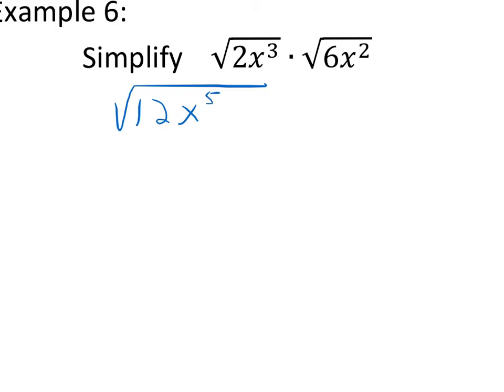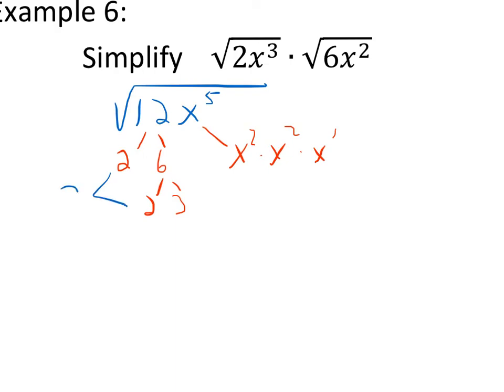And we'll go about our business like we've been doing, and I'm going to take 12 and go 2 times 6, 2 times 3, but now I'm going to take the x to the 5th and write it as x squared, that's 4 x's, times x to the 1. So that gives us 5 x's, but written out in the way that we can use it.